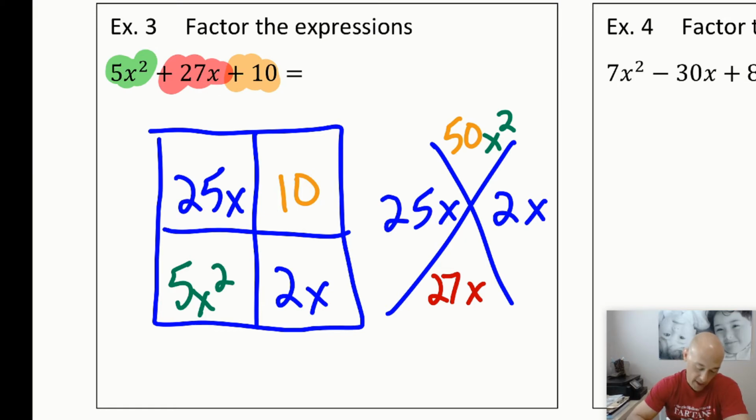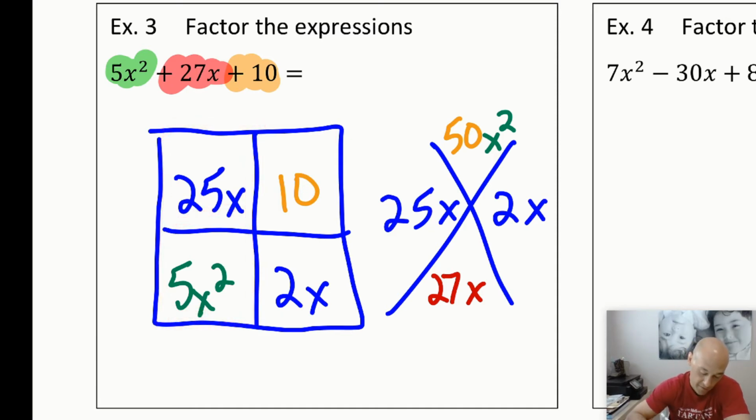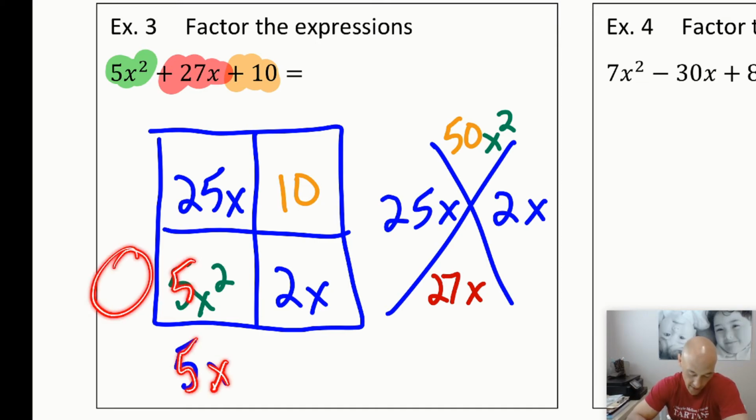And now we need to find the outside parts of the box. What I notice is that in this part right here, these are both divisible by 5. So that means I'm going to need to put a 5 down here, and 5x. So 5x times what is 5x squared?